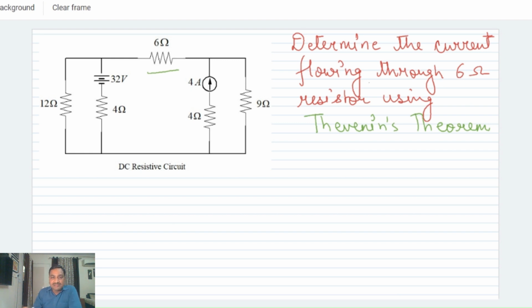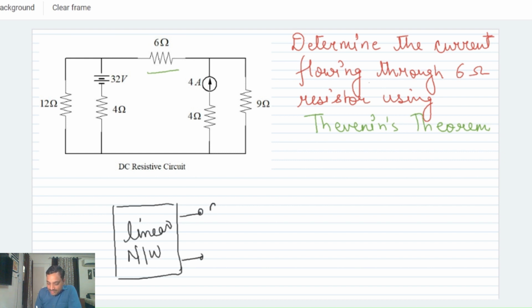Before we apply Thevenin's theorem, we must remember that as per Thevenin's theorem, any linear two-terminal network, no matter how complex it is, can be replaced by a simplified circuit consisting of a voltage source called the Thevenin's voltage source and a resistance in series.